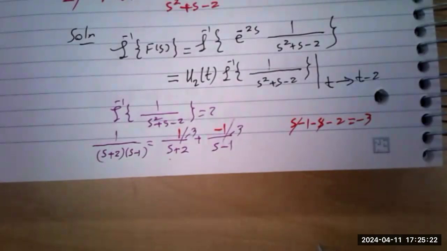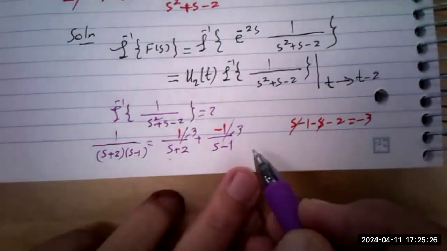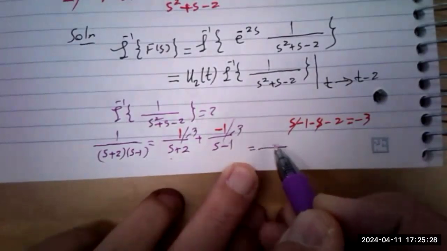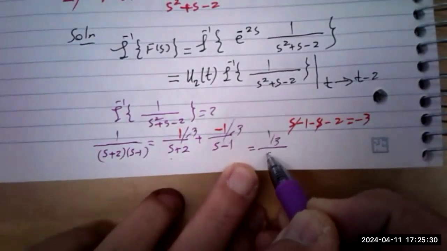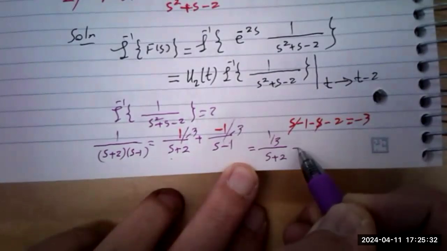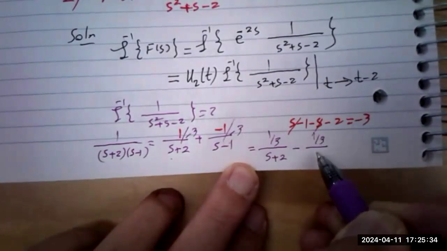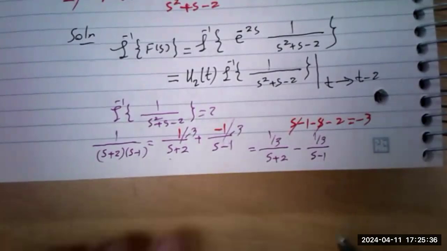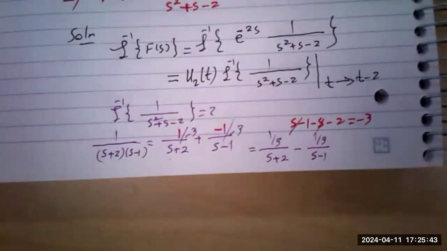So I'm going to rewrite it. Basically this changes to 1/3 over s plus 2 minus 1/3 over s minus 1. The Laplace inverse is easy to find, the exponential function, e to the t.